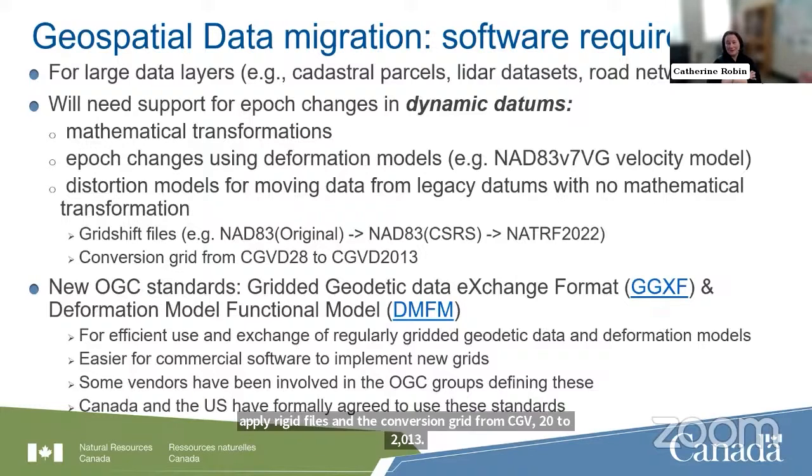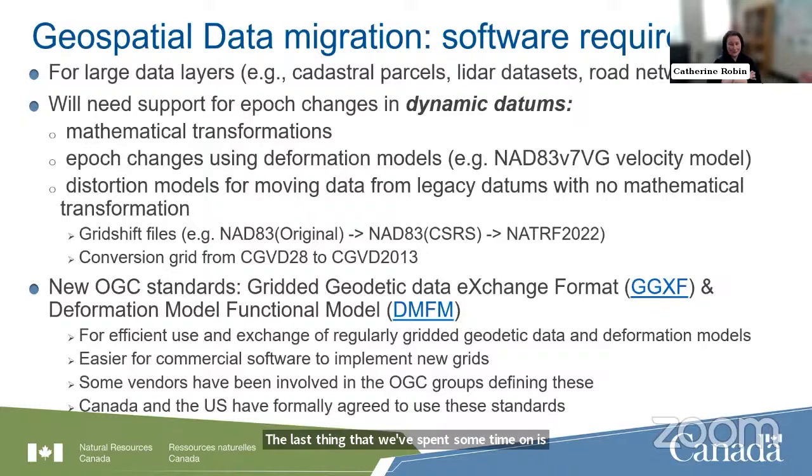The last thing that we've spent some time on is developing this new set of OGC standards. So there's two of them, the Gridded Geodetic Data Exchange Format, GGXF, and the Deformation Model Functional Model. And these are new geodetic grid standards, which will enable a more efficient use and exchange of regularly gridded data, such as the geoid model or the velocity model, and will be adopted by different software developers everywhere.